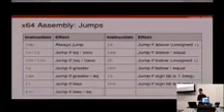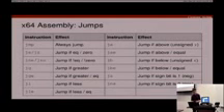So depending on what sort of math you're doing, all of these different jumps are useful. There's also corresponding set instructions that if you wanted to get the values of those flags into a register, they sort of line up with these, and you can take the values of the flags and dump them into one of your registers and use them for whatever in your program.